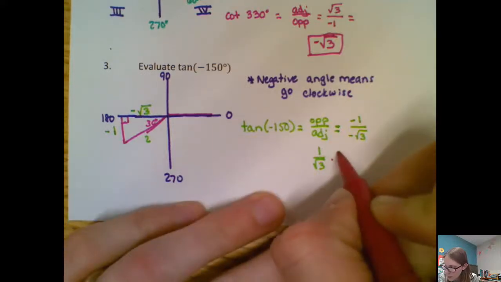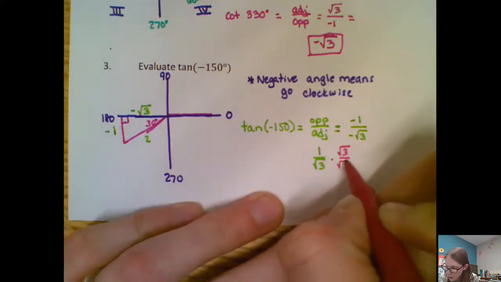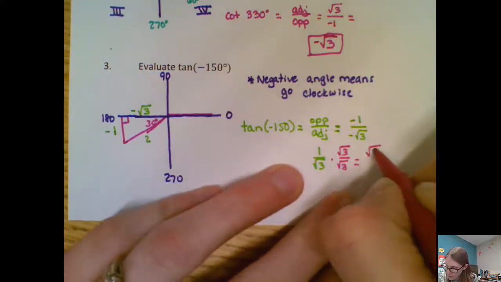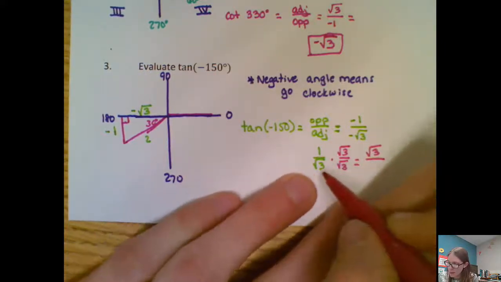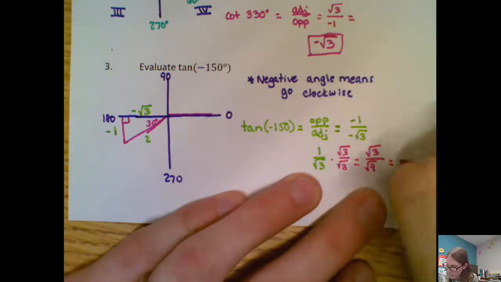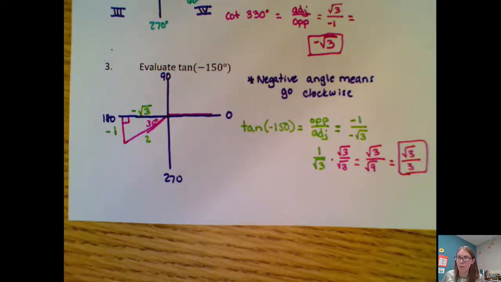So to get rid of it, we multiply by the square root of 3 over the square root of 3. So we have the square root of 3 on top. Square root of 3 times the square root of 3 is the square root of 9. Square root of 3 over 3 is our final answer.